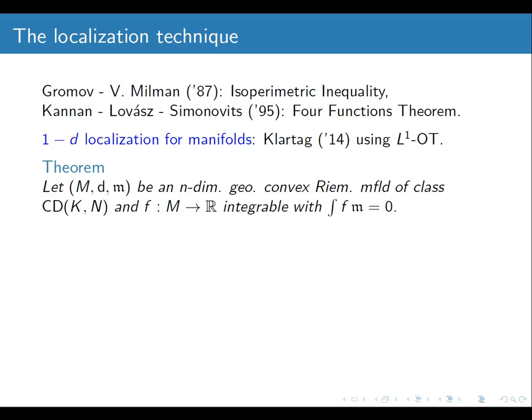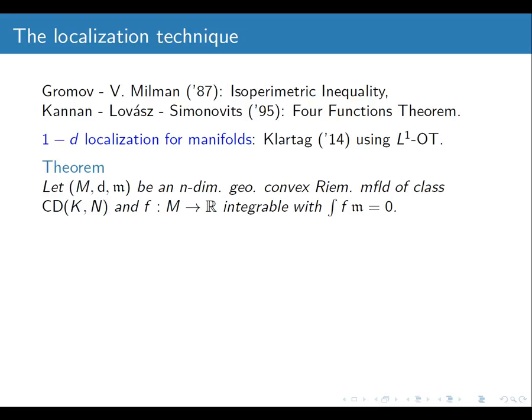Now we see in which way. And the important thing is that using L1 optimal transportation permits you to find a localization of your problem, so a dimensional reduction, also for a general manifold, where you don't have any kind of symmetry of the space. So this is the theorem that he proved, and it goes like that.